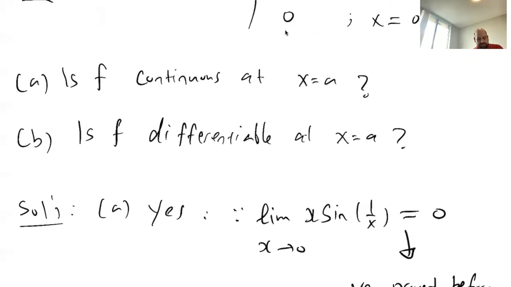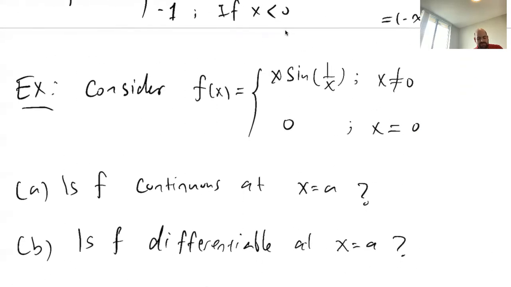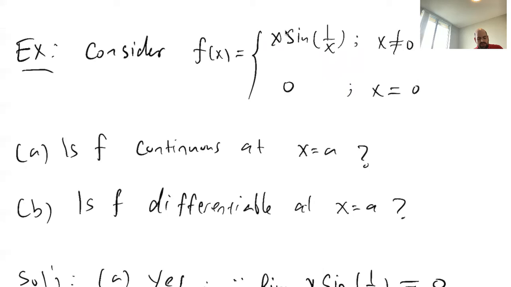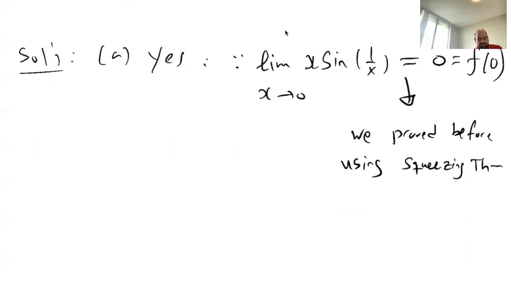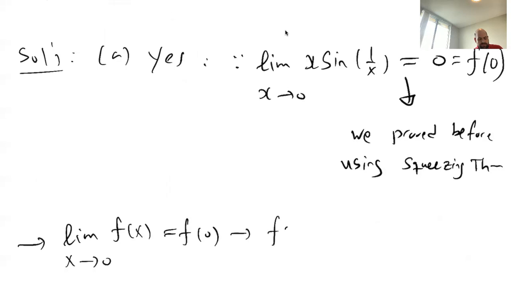And this is the limit of f of x as x approaches 0, which is 0, and this 0 is the same as f of 0. So we can say the limit of f of x as x approaches 0 is equal to f of 0. And that means f of x is continuous at x equals 0.